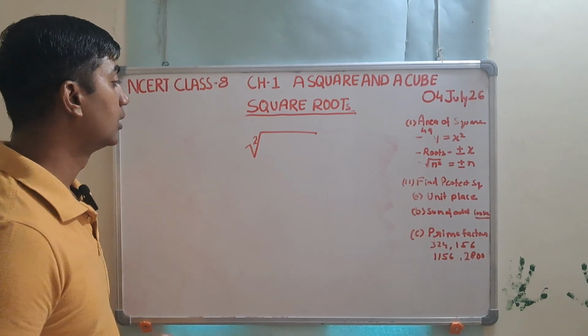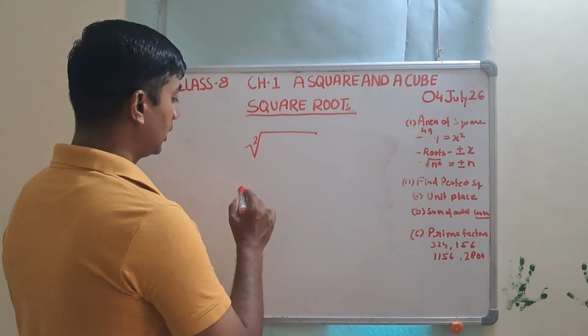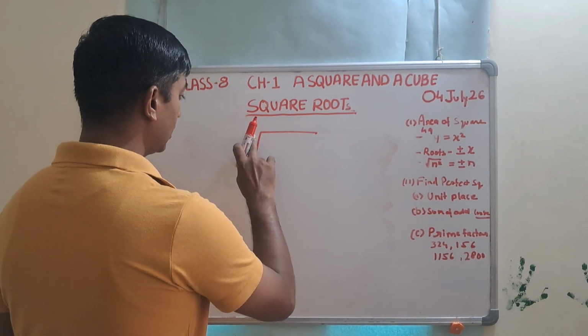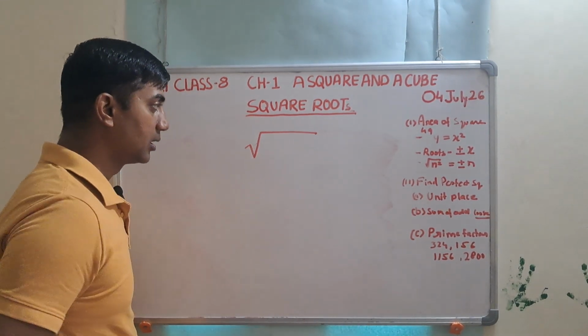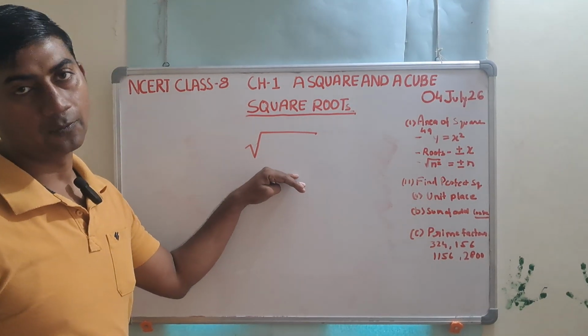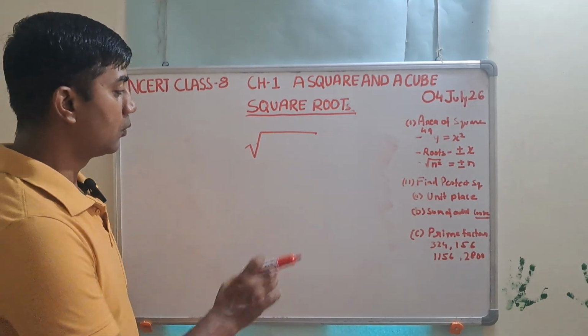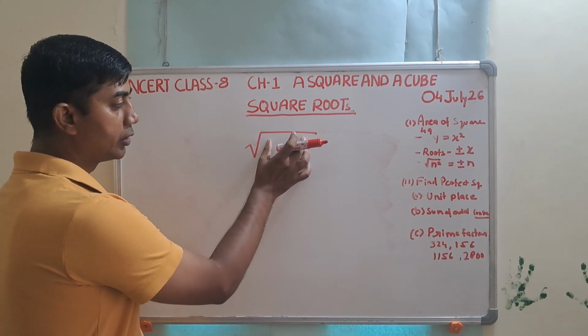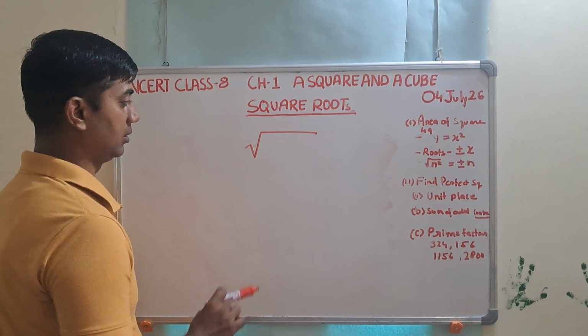Understood? Sometimes when the symbol is simply this, it is understood that 2 is written here. Whatever the number is inside this symbol, you have to find the square root of that number.